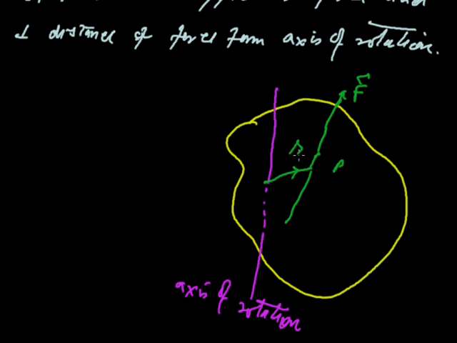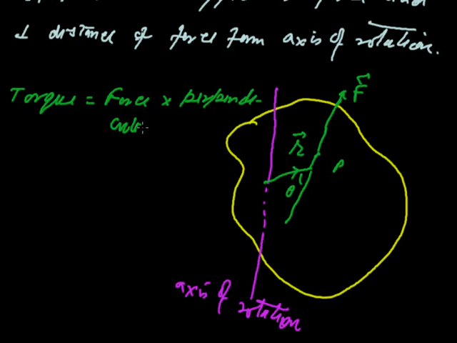The distance is r, at an angle of theta. Then the torque is force into perpendicular distance, which means tau will be F into perpendicular distance.